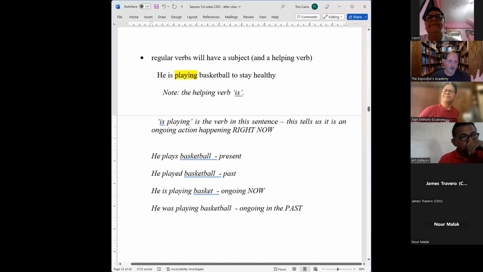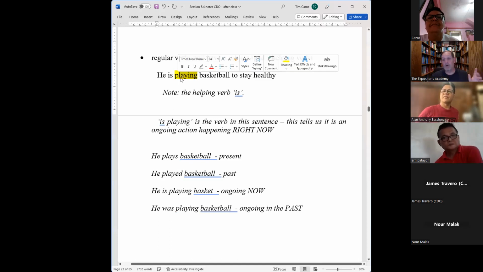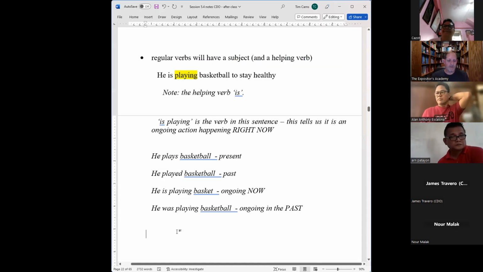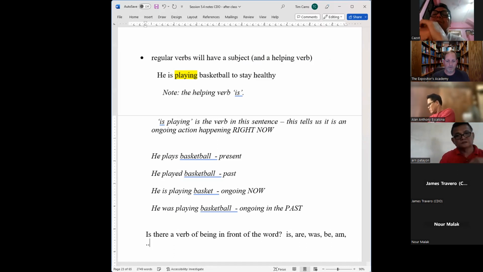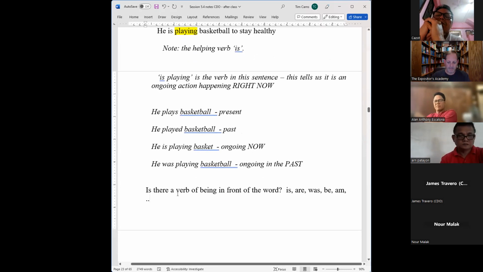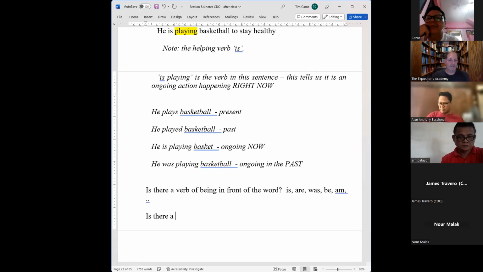So, what do you need to do? If you see this verb with an ing ending, you might say, oh, participle. Well, wait a minute. Slow yourself down and first ask the question: is there a verb of being in front of the word? That would be is, are, was, be, am, right? So look for that. And then secondly, you can ask, is there a subject?